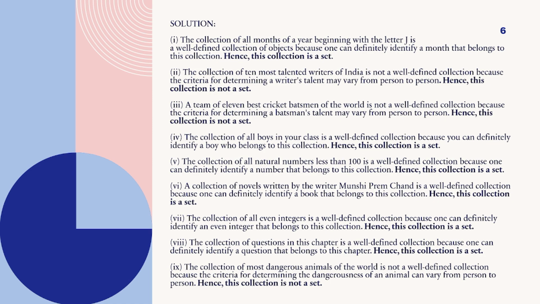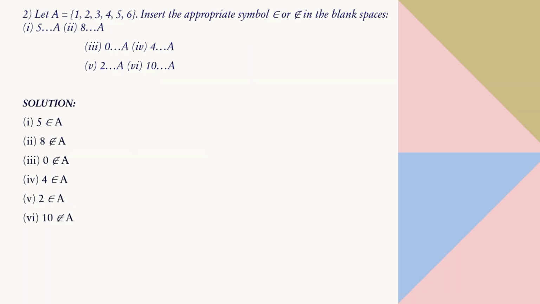Now let's go on to the second question. Let A = {1, 2, 3, 4, 5, 6}. Insert the appropriate symbol, belongs to or does not belong to, in the blank spaces. 5 _ A. As A is the given set, we have to see whether 5 belongs to that set or not.